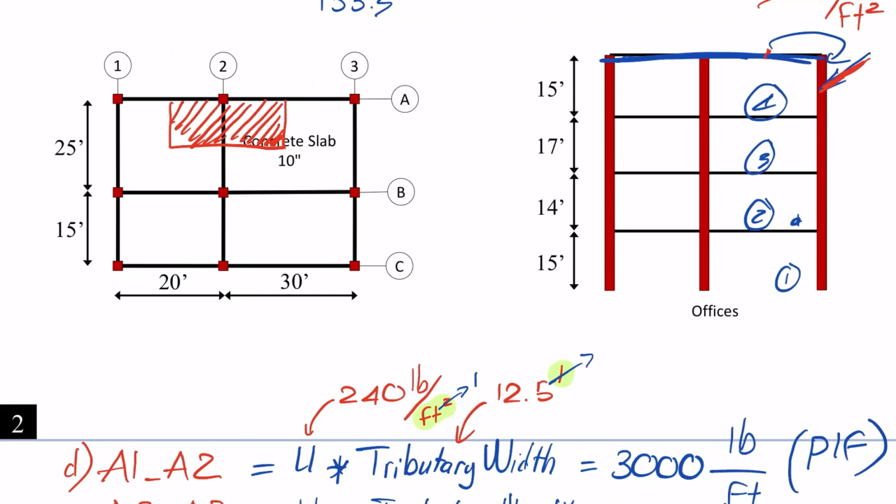So the tributary area of A2 will equal this piece is 10 plus 15 is 25, and from here to here that one is 12.5.